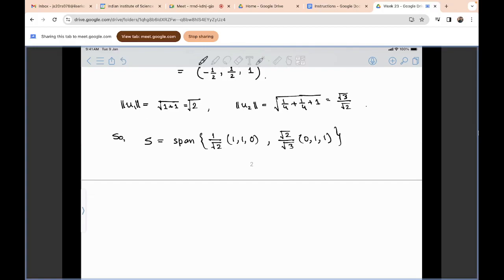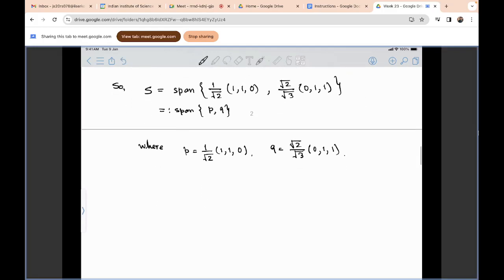Let me call it the span of P and Q, where P is the vector 1 by square root 2 times (1,1,0), and Q is this other vector.